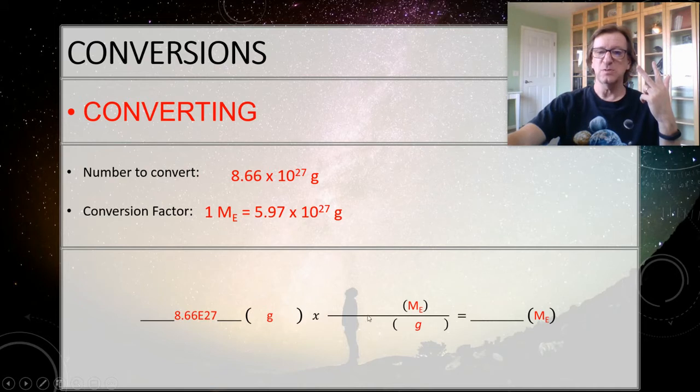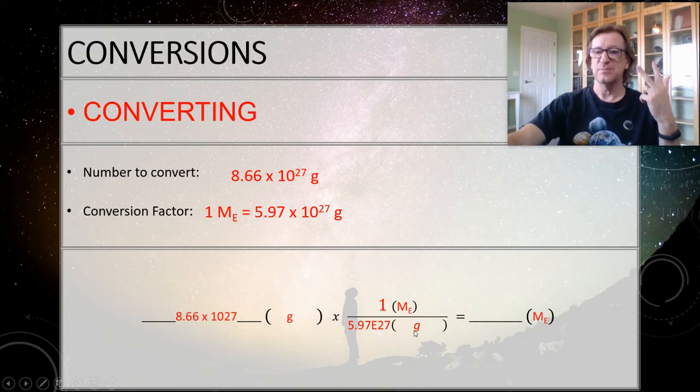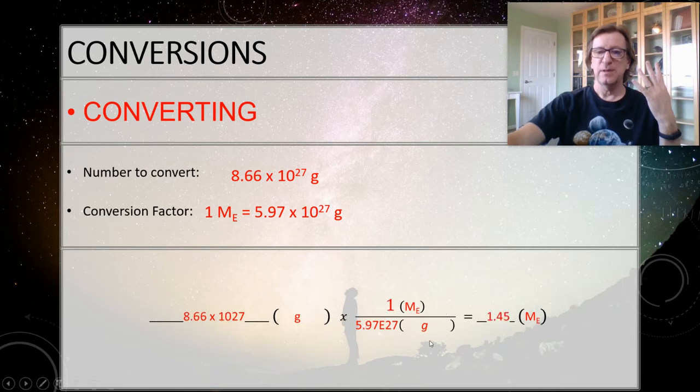So the 1 goes with the ME, the 5.97 E27 goes in the bottom, goes with the grams. Check, my grams cancel. That's a win. So step 4, multiply by everything in the top, divide by everything in the bottom. That needs to be E27, by the way. Okay, go ahead and do it. And you should get 1.45 Earth masses.